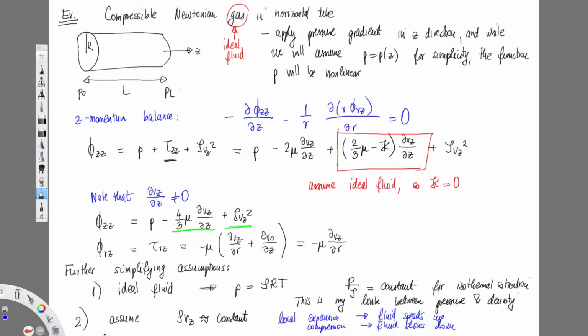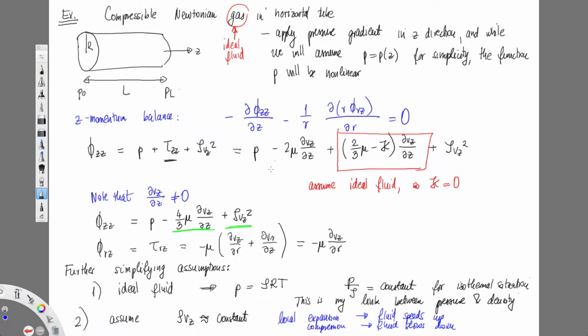So ultimately my phi z comes down to this term. Now phi rz is the standard expression that we had before, so it comes down to minus mu dvz dr.